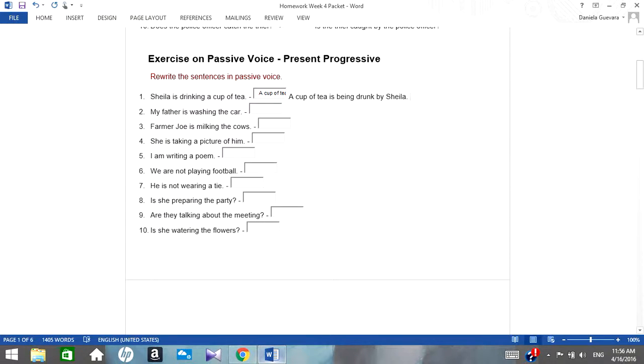So whenever you have a present progressive, you will always have being, okay? And then the past participle. My father is washing the car. So the car, right? That comes after my verb, is being washed by my father.